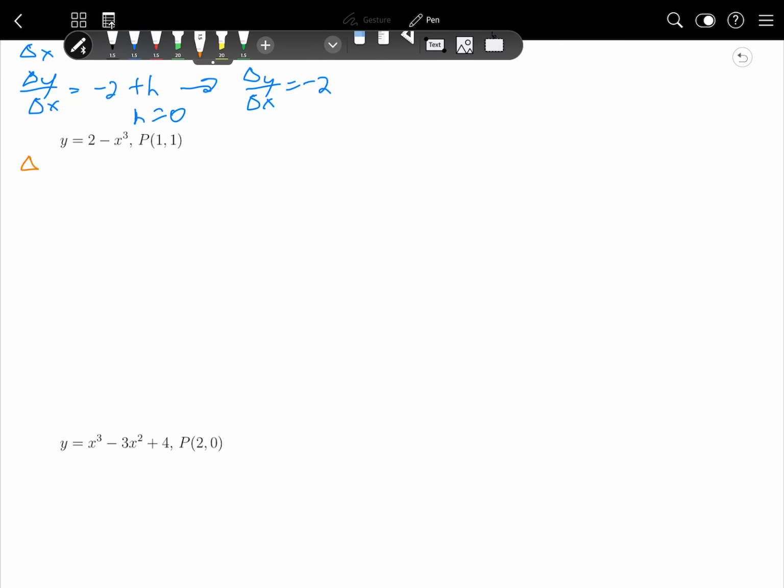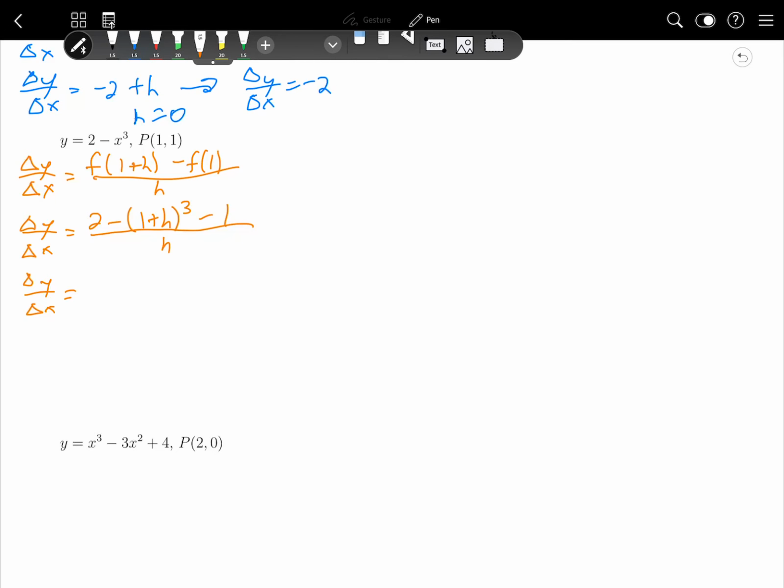So in the first one, it's delta y over delta x equals f of 1 plus h minus f of 1 all over h. So delta y over delta x equals 2 minus 1 plus h cubed minus f of 1, which is 1, all over h. So this is 2.